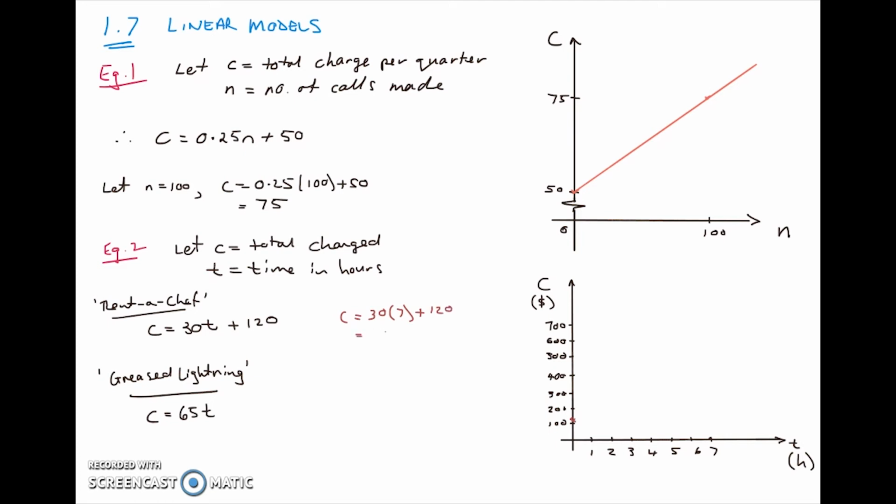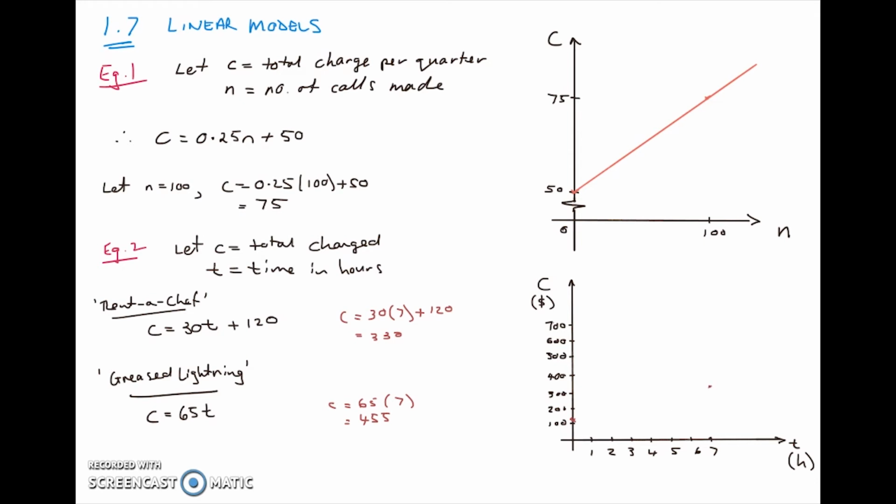When we calculate that out, we end up with 330. We do the same for Grease Lightning. C equals 65 times 7, which calculates out to 455.